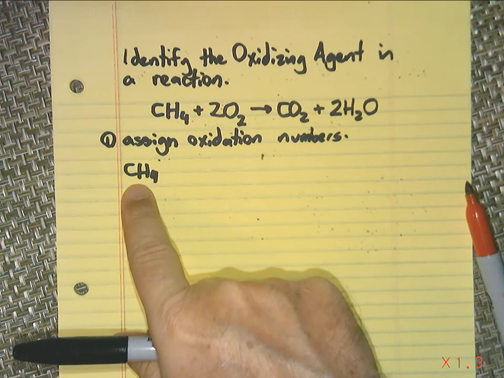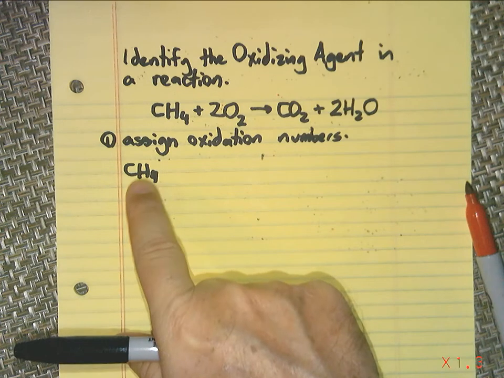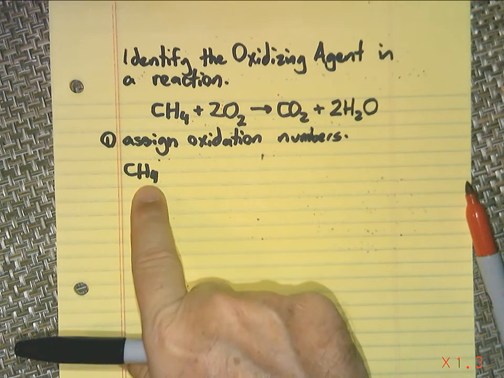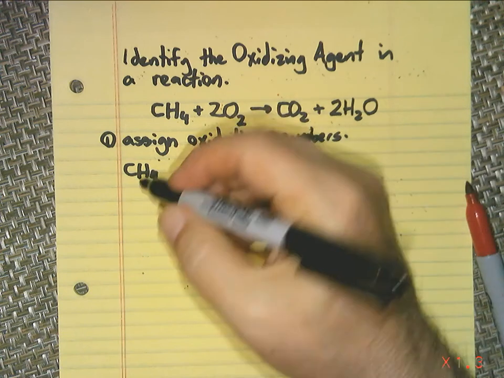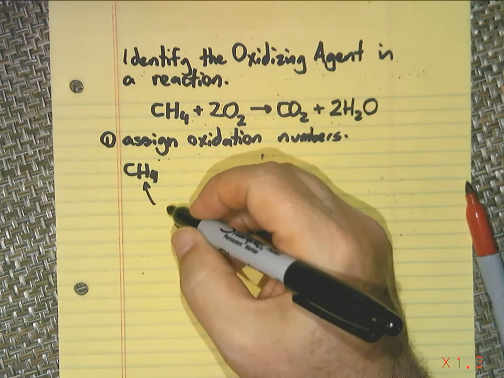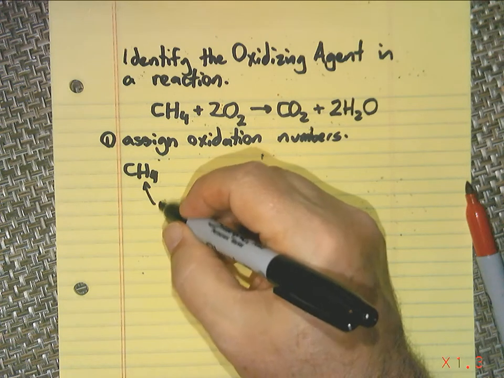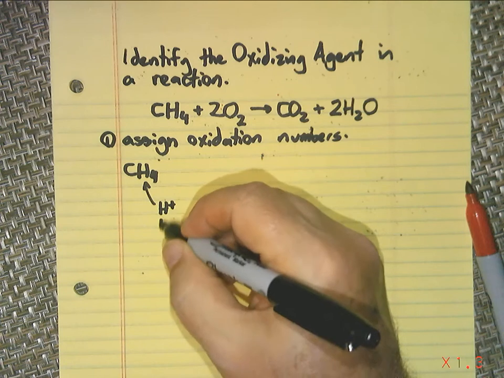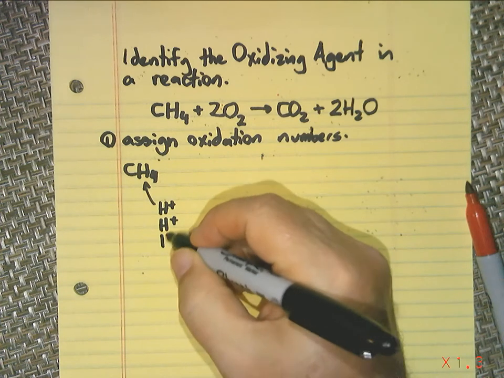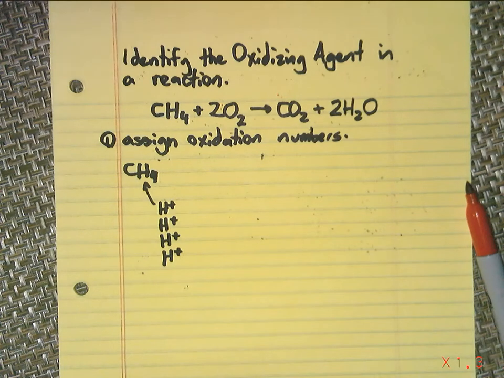The next rule says, do you have any fluorine? Nope, we don't. The next rule says, do you have any hydrogen? Yes, we do. There are 4 hydrogens in there. And that rule says if you've got hydrogens in there at this point, you can give them an oxidation number of +1. So essentially what you have there are 4 hydrogens, each one has got a +1 on it.